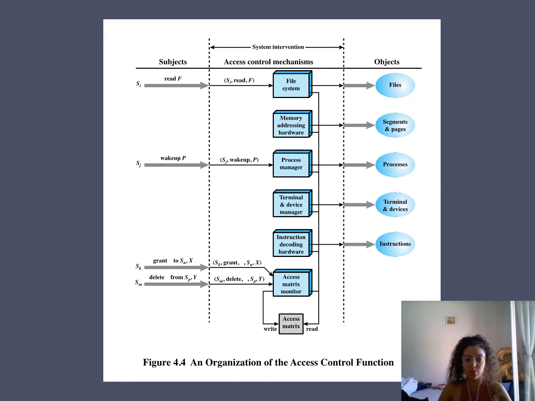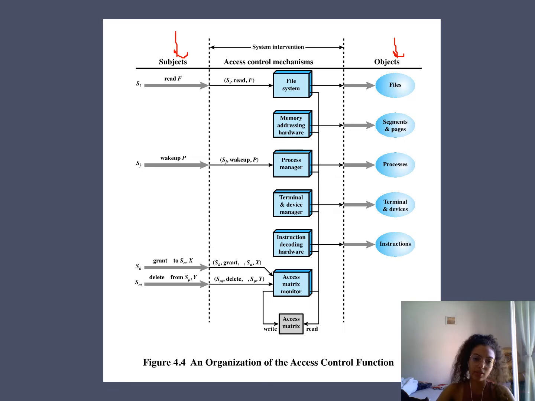This image suggests that every access by a subject to an object is mediated by the controller for that object. We have the subjects on the left, and the objects down here on the right. The controller's decision is based on the current contents of the matrix.